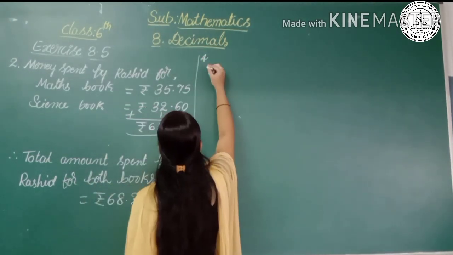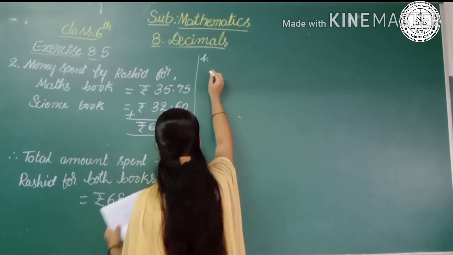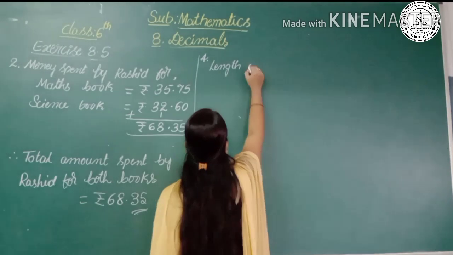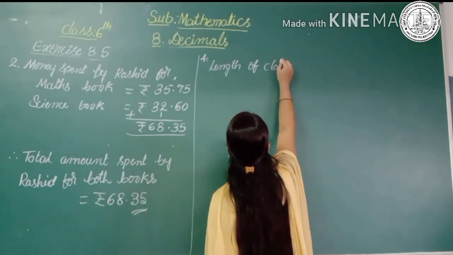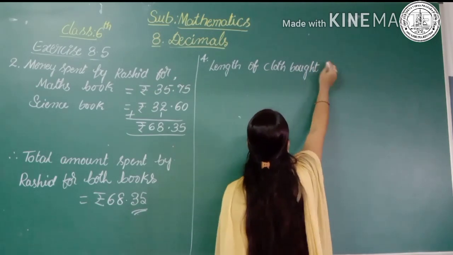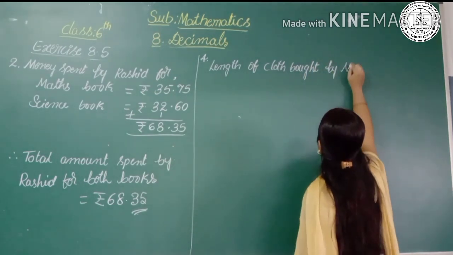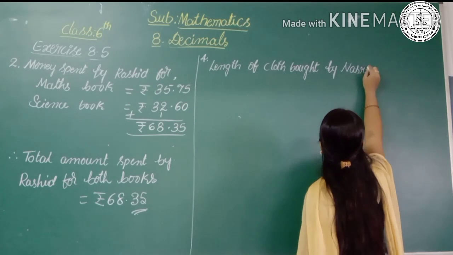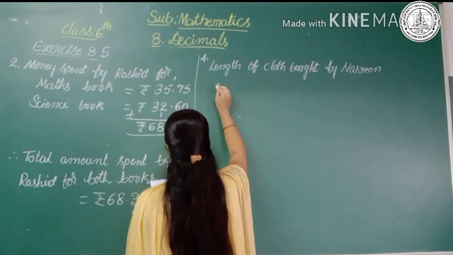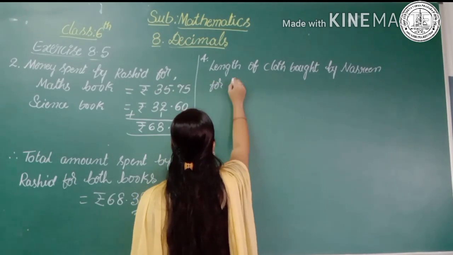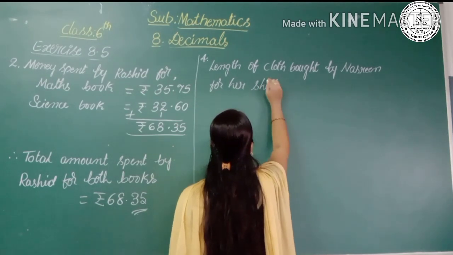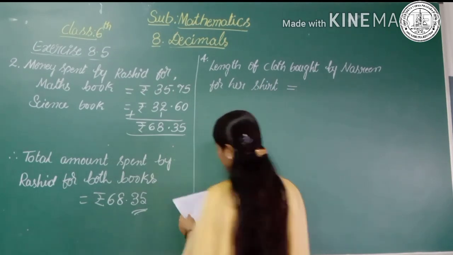Fourth one. Nasreen bought. Length of cloth bought by Nasreen for her shirt is how much?